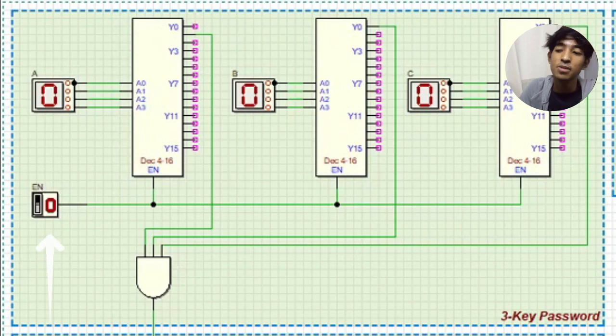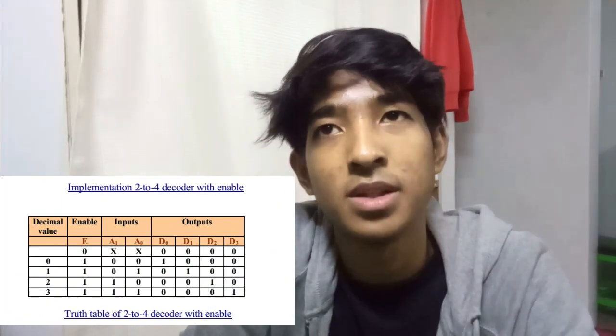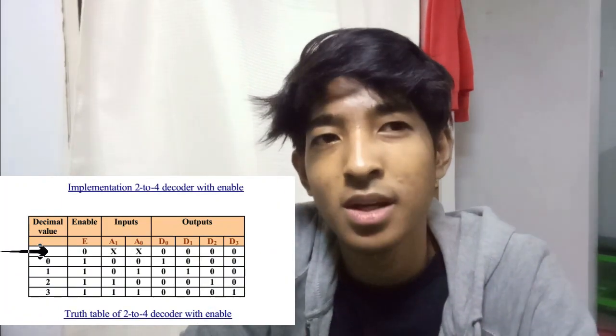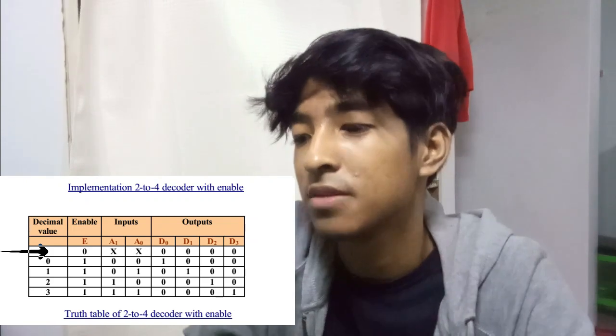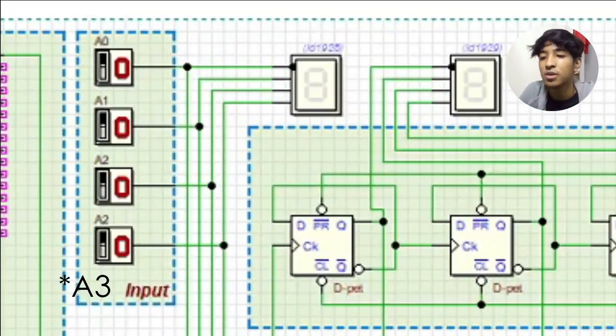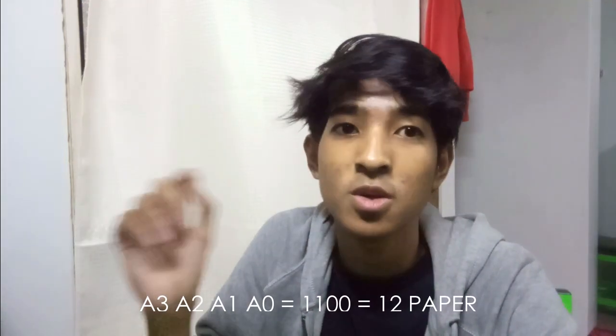As you can see, there's an enabler connected to it. If the decoder's enable is at logic low, then the decoder will not function. So we want it turned into 1 so that it produces the output that we desire. We have the inputs A0, A1, A2, A3. If we want 12 papers, we would organize them as 0, 0, 1, 1.